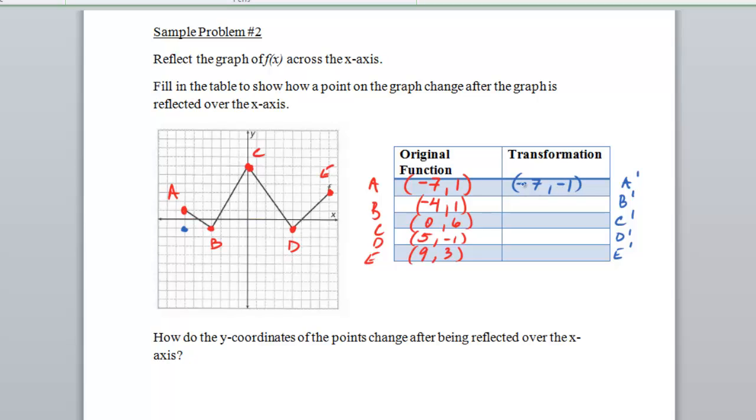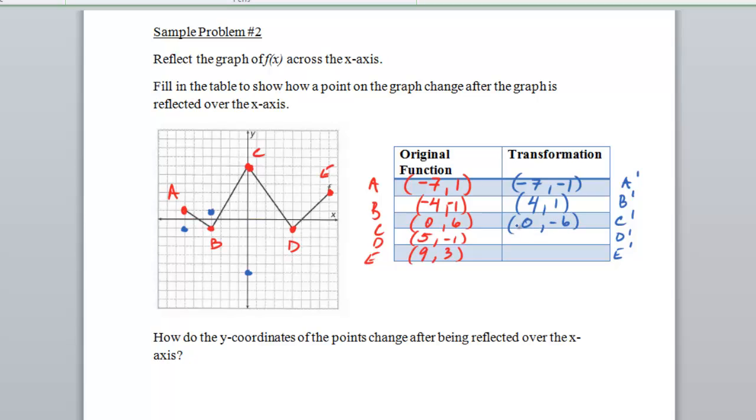And so for B, I'm below the x-axis, so I need to reflect back above the x-axis. Excuse me, I put that in there wrong. That should be a -1, so this one is actually going to be a +1. Then C is going to be below the x-axis, so I'm going to go down to 0, -6.